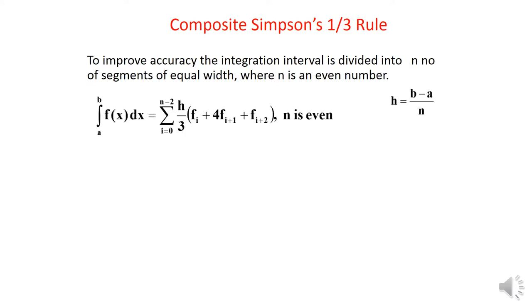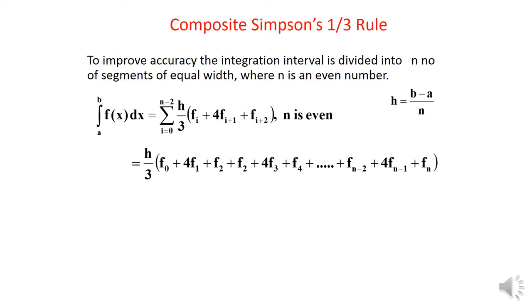Now we write down this formula that the integral with limits a to b of f(x) dx is equal to I is equal to sum over i from 0 to n minus 2, n is an even number, of h upon 3 times (f_i plus 4 f_(i+1) plus f_(i+2)). Now we can expand it and see this is the formula, h by 3 (f0 plus 4 f1 plus f2 plus f2 plus 4 f3 plus f4).